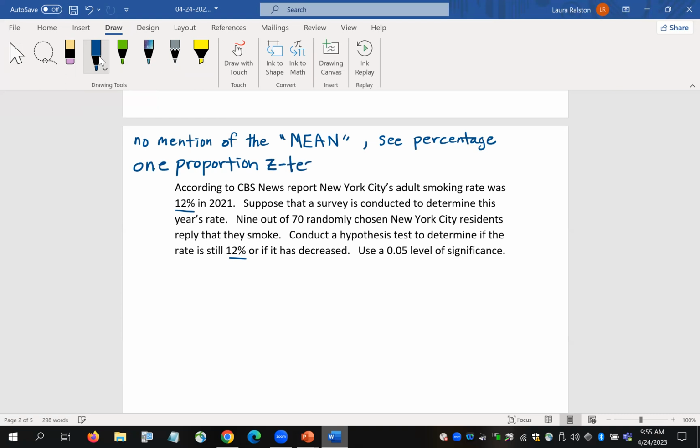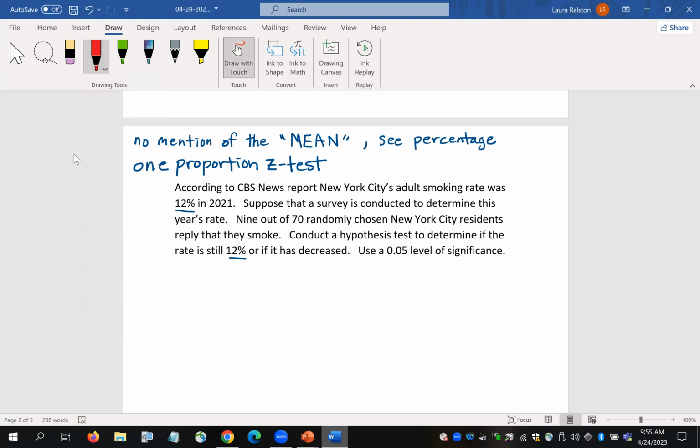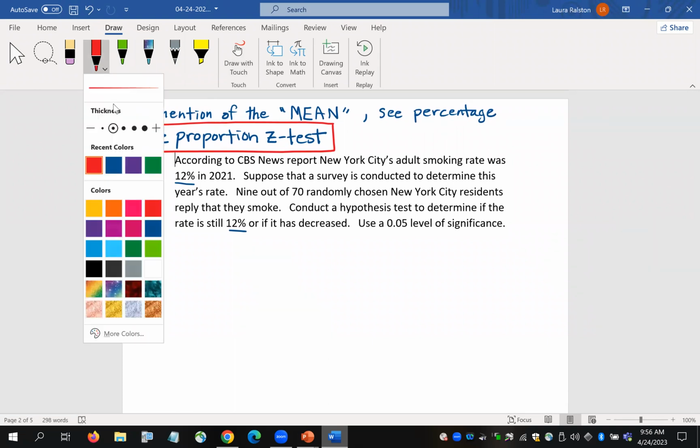And guys, if you're doing a proportion or a percentage, it will always be a Z-test. If it's a proportion, it's always going to be a Z-test. So using those clues, I recognize that I need to do a one proportion Z-test.